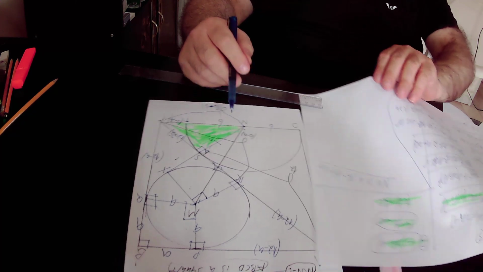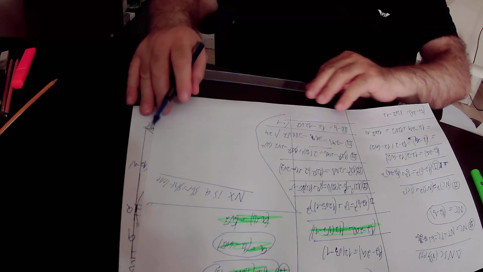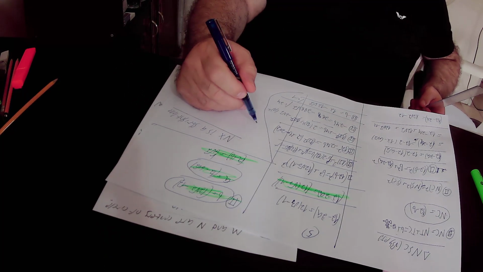So NX is a straight line, and we have rule number 1.